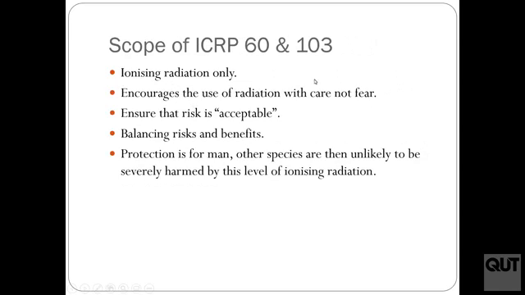So it's ionising radiation only, and it encourages the use of radiation with care, not fear. We ensure that risk to people is acceptable, and you have to balance risks and benefits. So protection is for people, and if people are safe, then that generally protects other species as well.